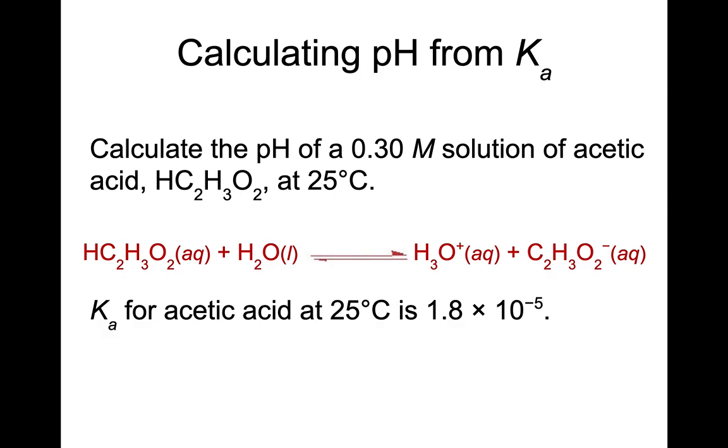So first off, we write that balanced equation. Our acetic acid plus our water, creating the hydronium ions and a conjugate base. Now we are also given the dissociation constant for acetic acid at this temperature of 1.8 times 10 to the negative fifth. So this is all of our given information.